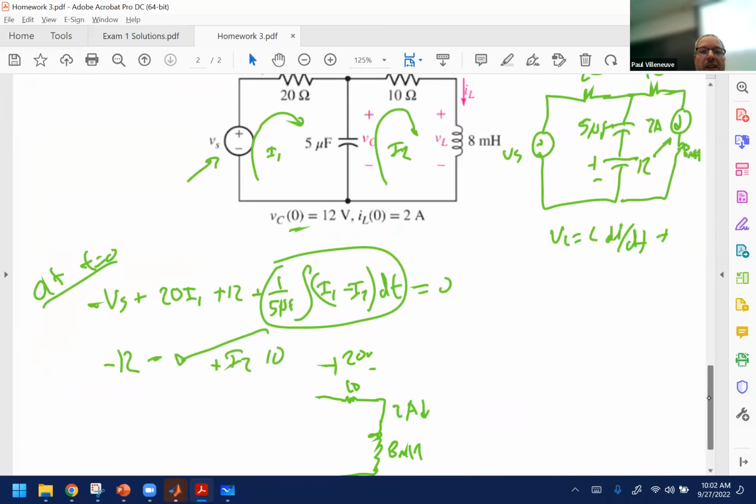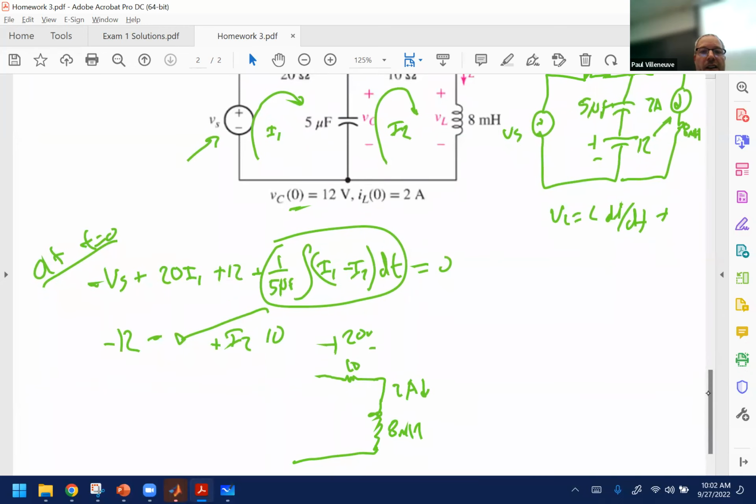And this voltage here has to match 12 volts, correct? So this is 12, this is plus to minus 20. So I can do plus to minus 12, then I go plus to minus 20, and then I've got a voltage VL of my initial condition here.